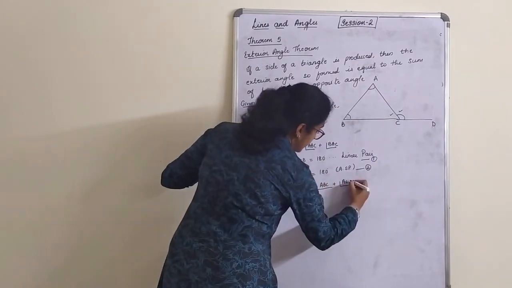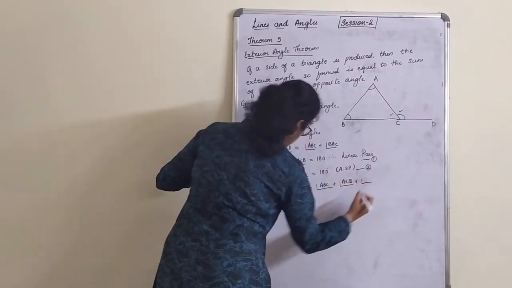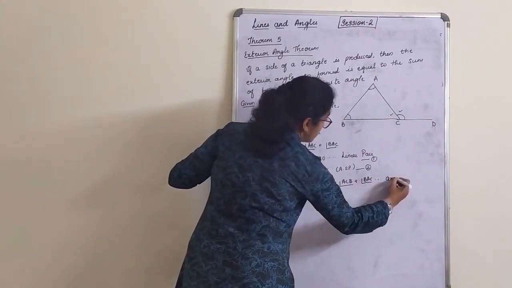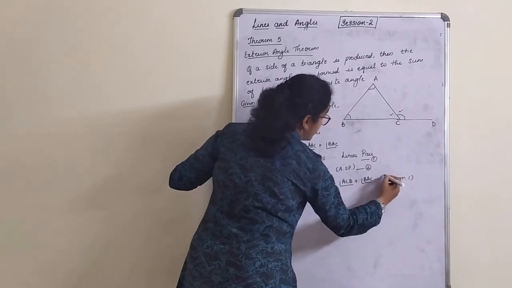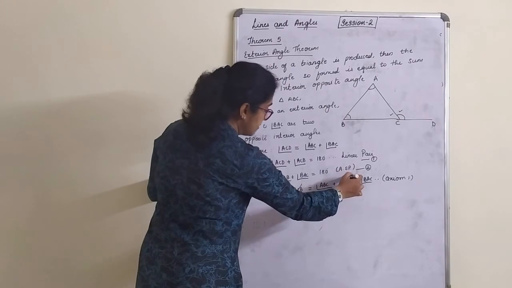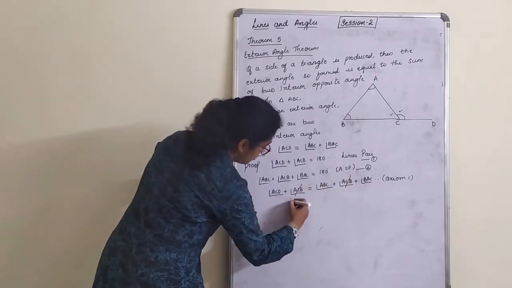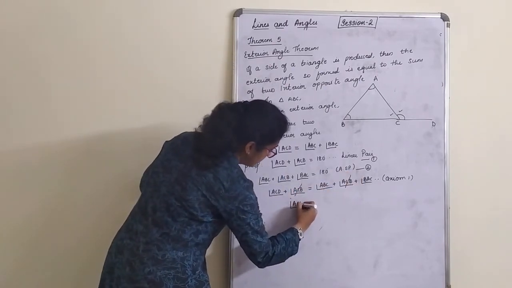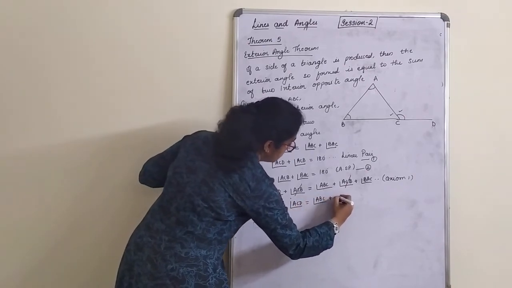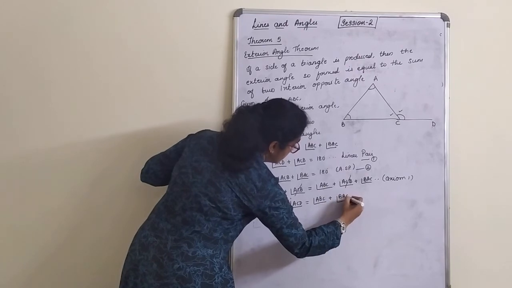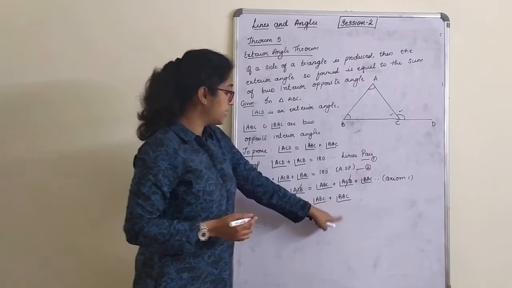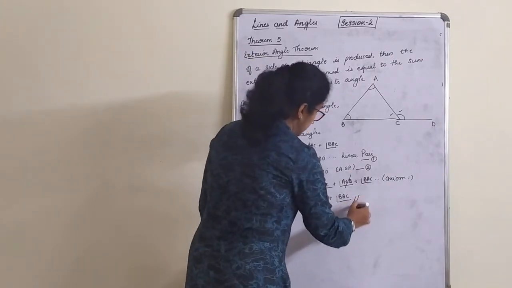So angle ACB plus angle BAC. Reason: Axiom 1. So angle ACB I can cancel from both sides. So what remained? Angle ACD is equal to angle ABC plus angle BAC.